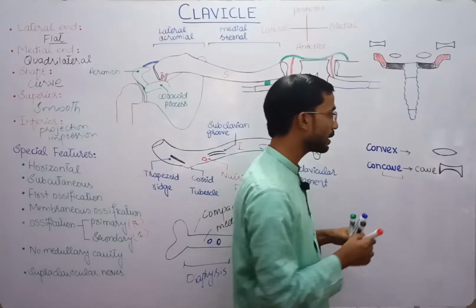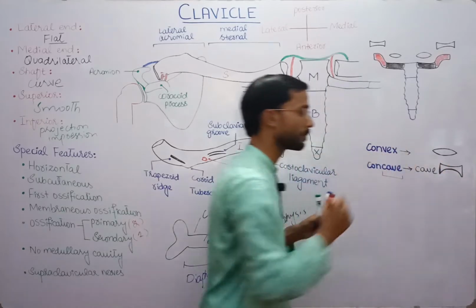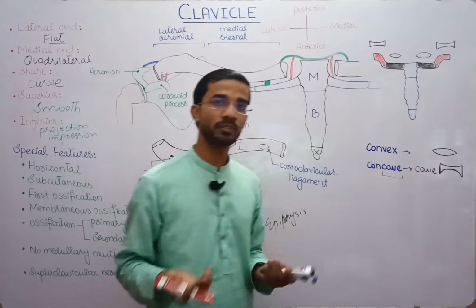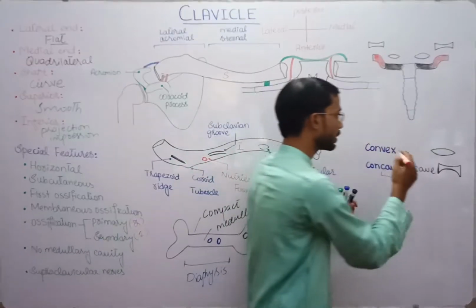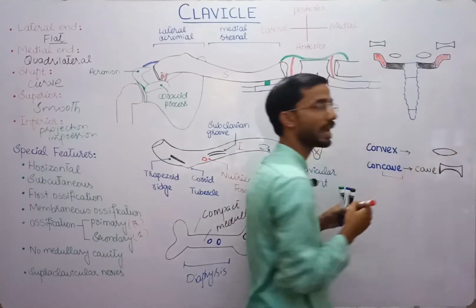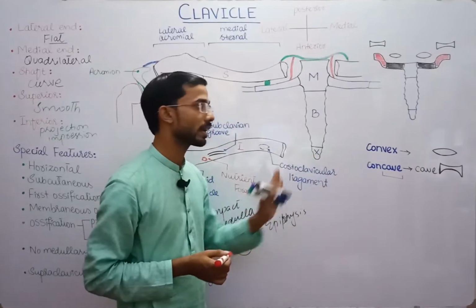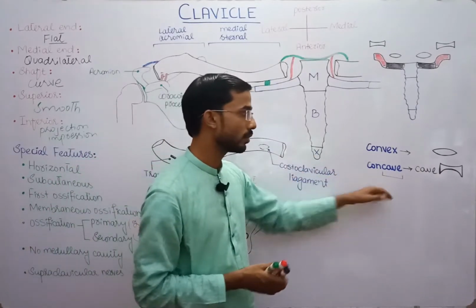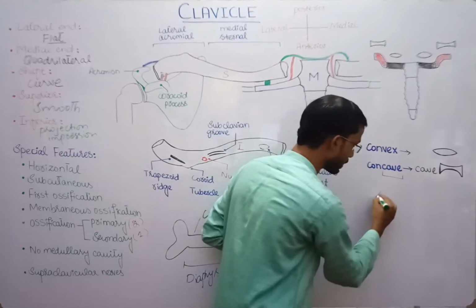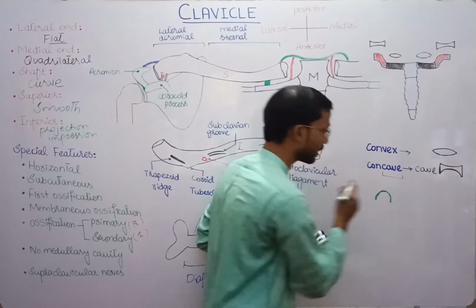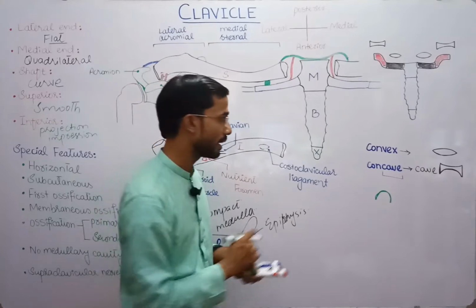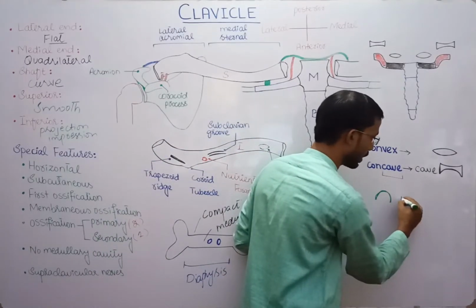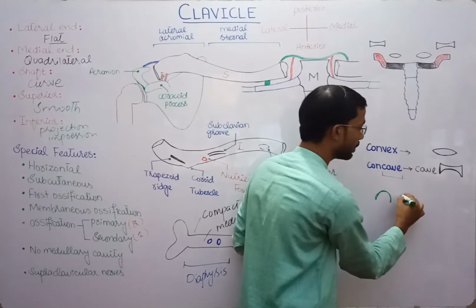So we can remember it: the inward curved side is concave, and convex, the opposite, will obviously be the projecting side, just like a convex lens.